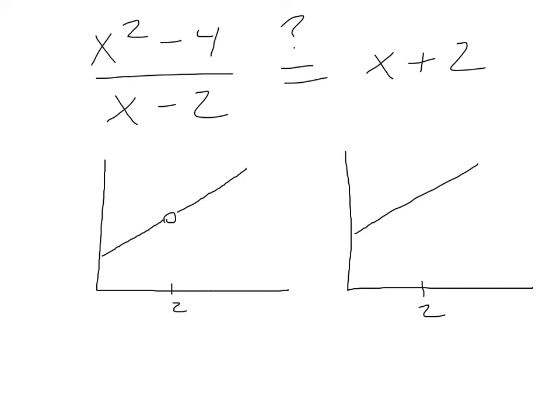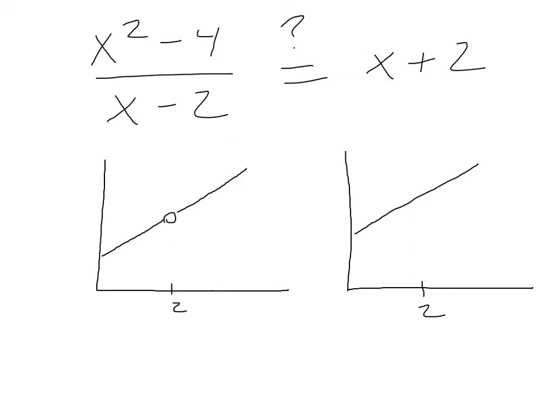What I've done is I've made a graph of this equation and a graph of this equation, and notice that those two graphs are exactly identical, except at x equals 2. This is our original equation for the slope in our little triangle, and when we put x equals 2, that's the slope of our tangent line.